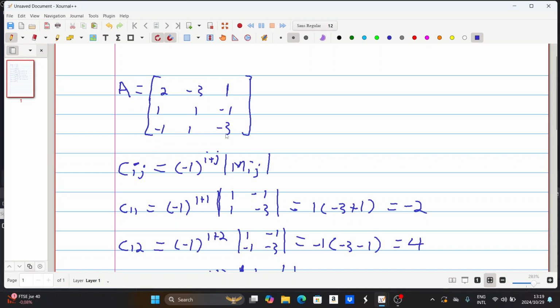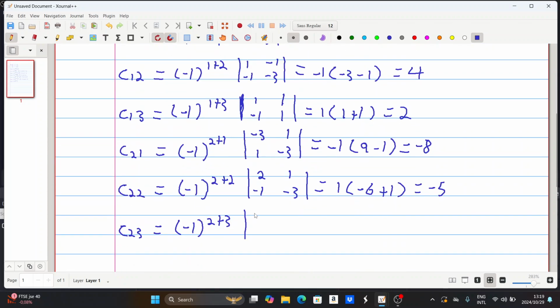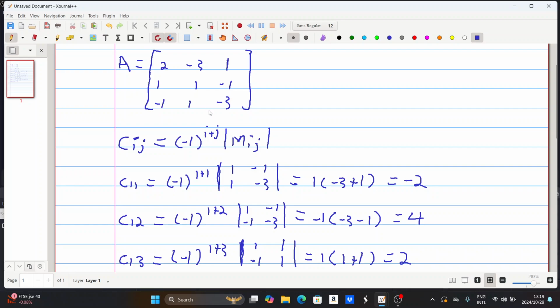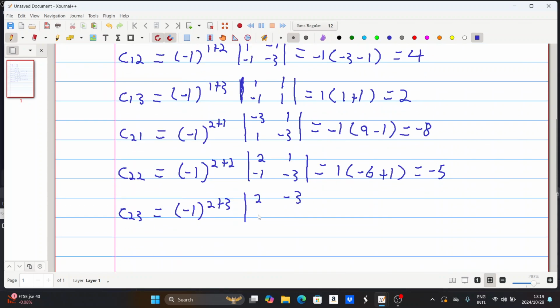So closing here and here, we have 2 minus 3, minus 1 and 1, because we're going to close this part. 2 minus 3, minus 1 and 1 is our minor.